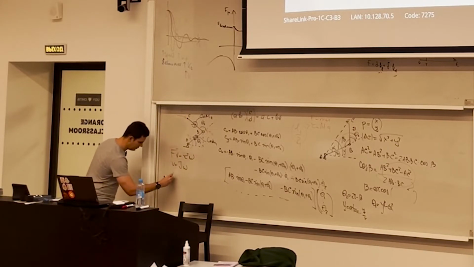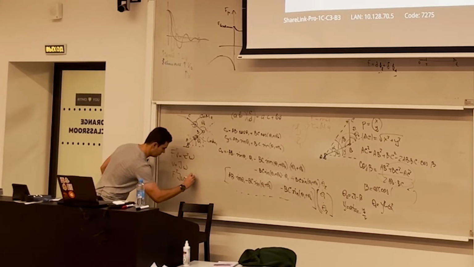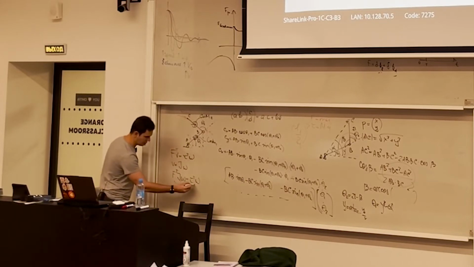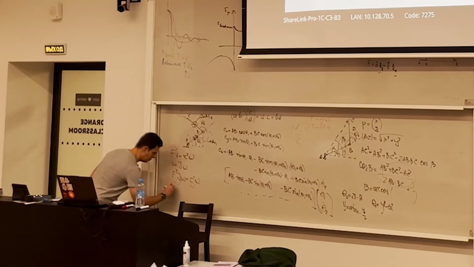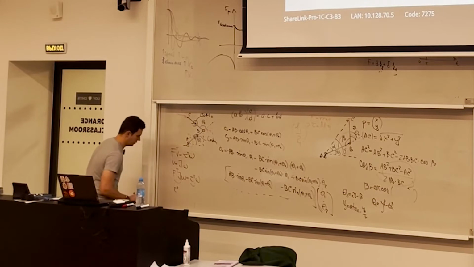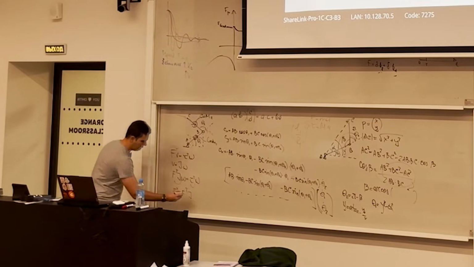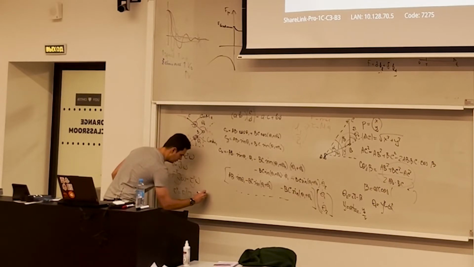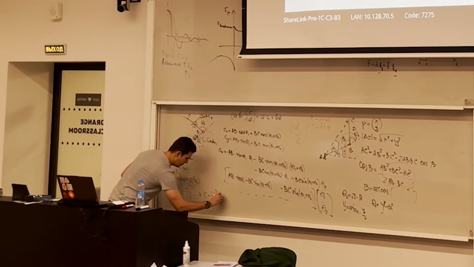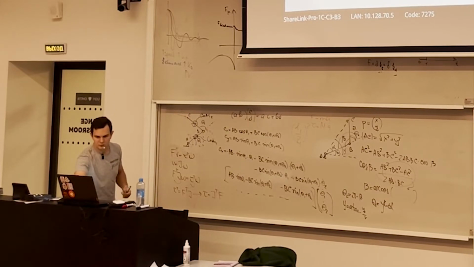We can put it inside. So we can say that this thing equals this thing. So tau transpose equals force transpose times the Jacobian. And out of here we can say that torque equals the Jacobian transpose times force. Like this.